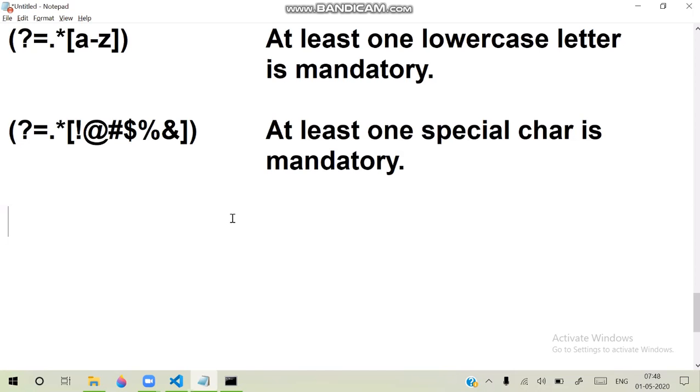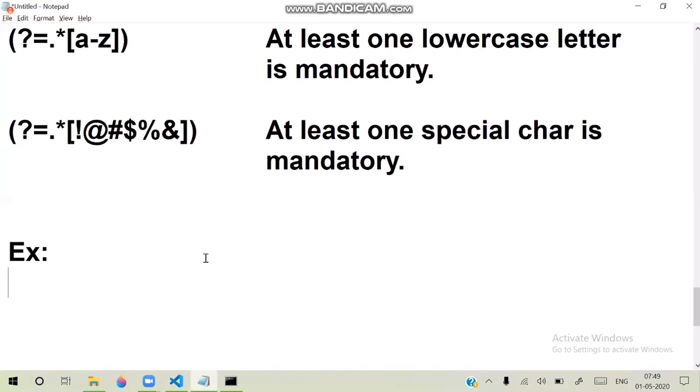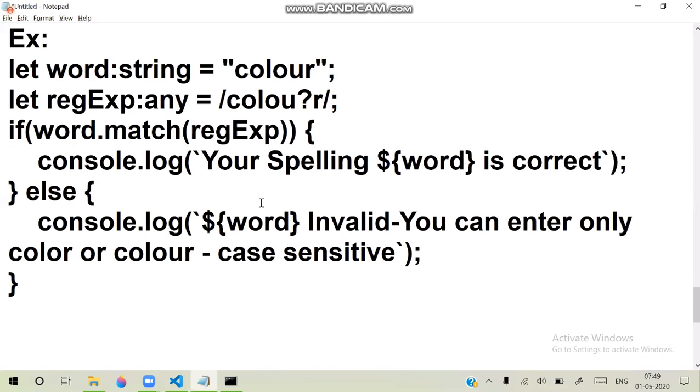Even if it is Java, .NET, Node.js, Python, these regular expressions and patterns are the same. The basic example we did was by using this regular expression.